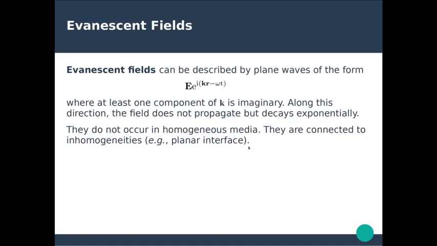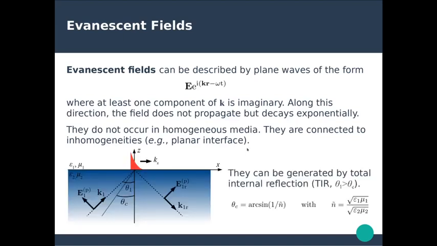So, for instance, you have a planar interface between two different media. This is the case if you have, let's say, a glass substrate covered by air, and you send light with a given polarization, here P polarization for this electric field, incoming onto this interface.